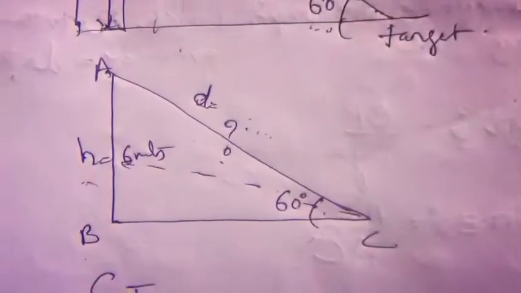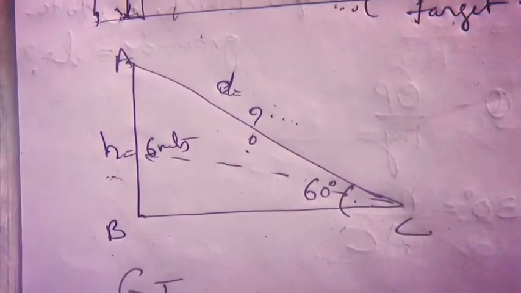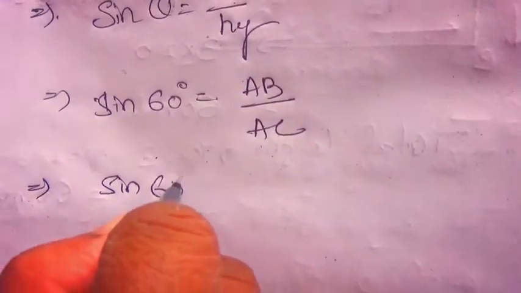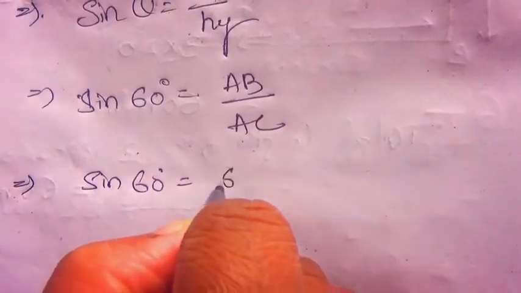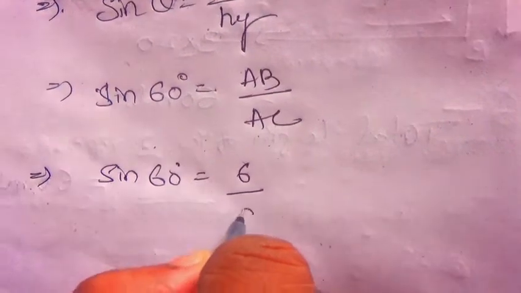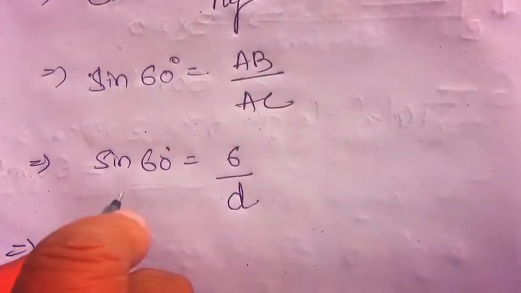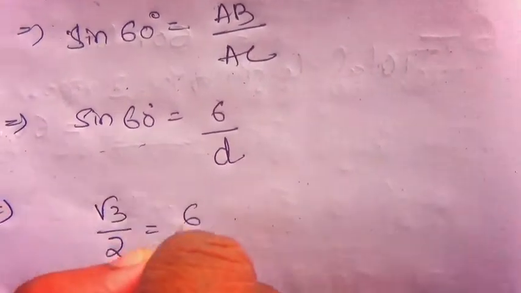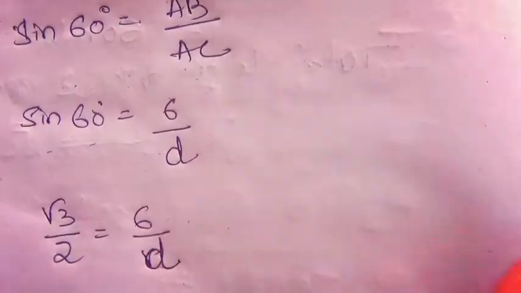The opposite side is AB and the hypotenuse is AC. That implies sine 60 degrees is equal to, what is AB? That is 6 meters by, what is AC? We don't know, that is d. We have to find out. What is sine 60 degrees? Root 3 by 2.